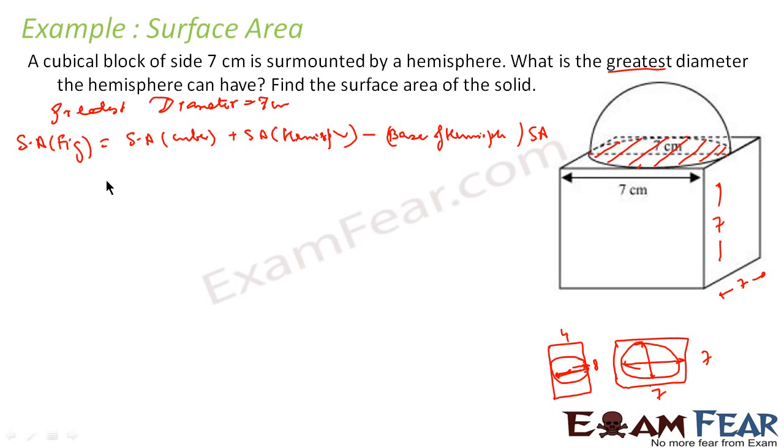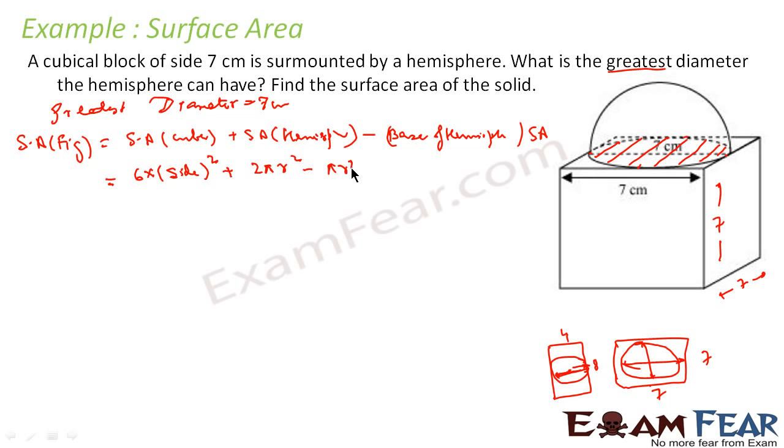Now the surface area of the cube is nothing but 6 into side square. The surface area of the hemisphere is nothing but 2 pi r square. And the base of the hemisphere is nothing but pi r square.